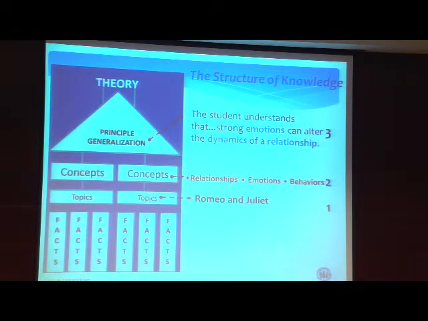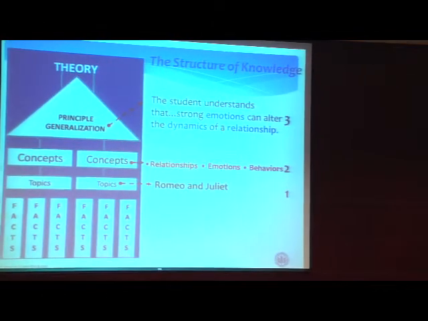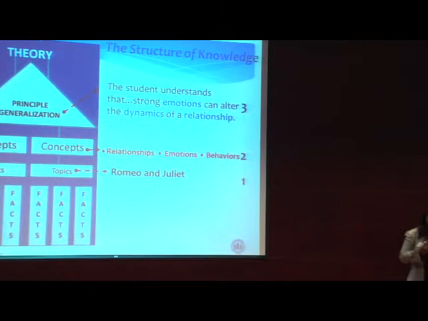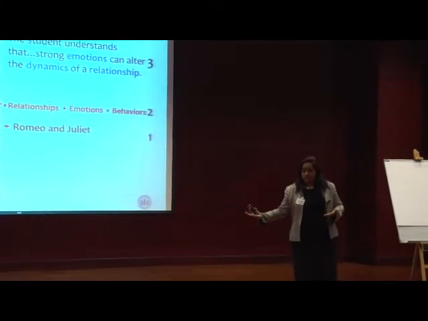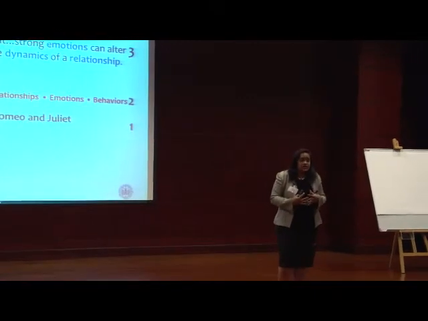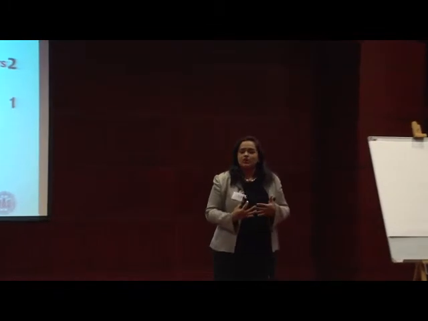Another big idea that I could give my students is, for instance, decisions made during emotionally challenging times can lead to irrational decisions, right? So when we make decisions when we are emotionally inclined, our decisions might not be as rational as they should have been, which is probably what the entire play Romeo and Juliet brings out to us.